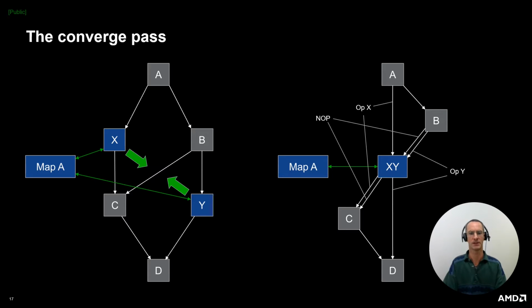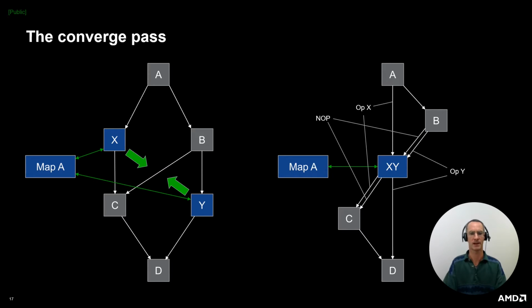On the left is an example control flow graph. The program starts executing at A and decides whether to continue at X or B. If it goes to X, then it accesses map A and then continues at C, and so on. There are 3 paths through this program: AXCD, ABYD, and ABCD.